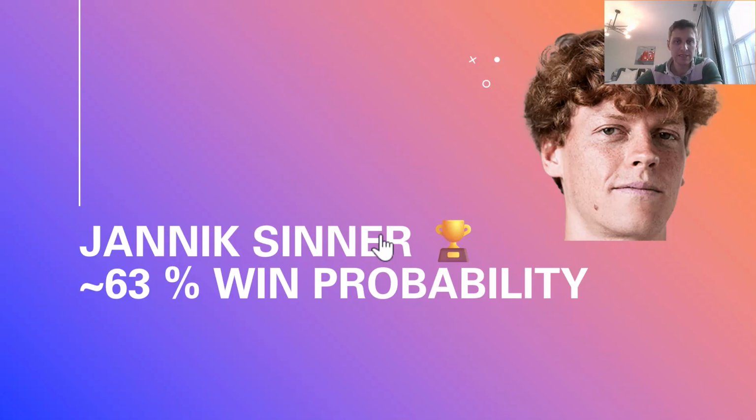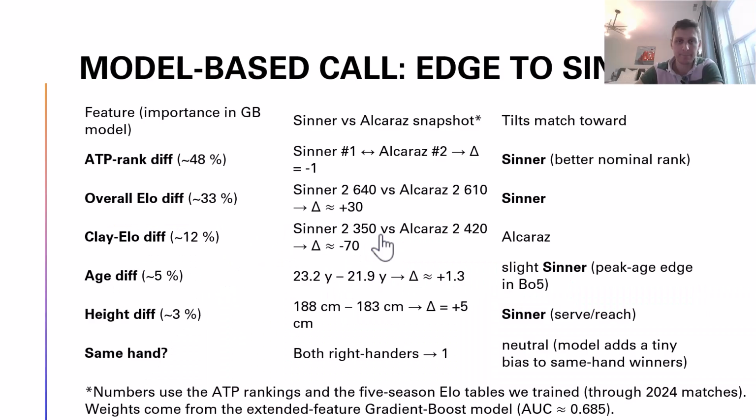And the result is that Jannik Sinner is predicted to win with 63% probability. This is the edge that is given to us by the model. Let's look at the feature importance for the gradient boosting model.